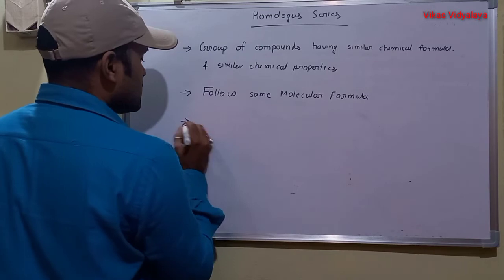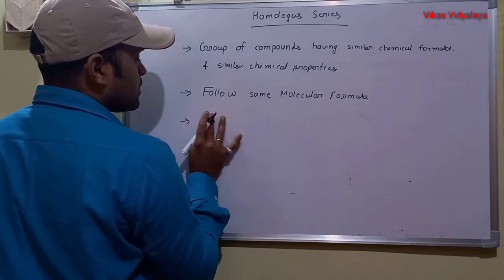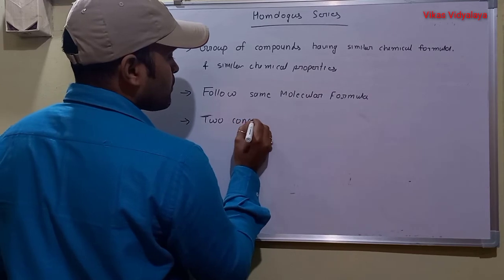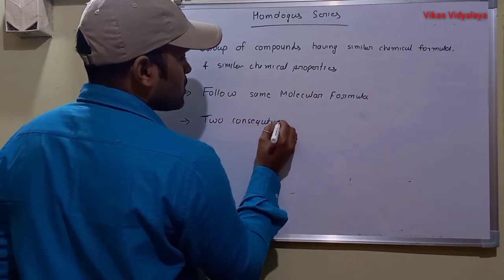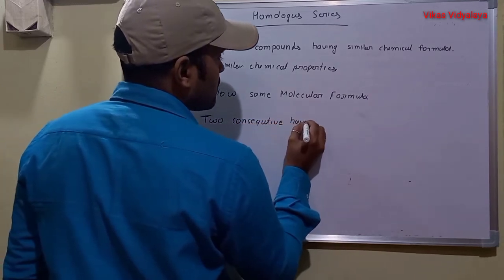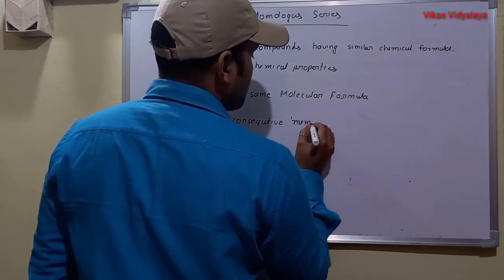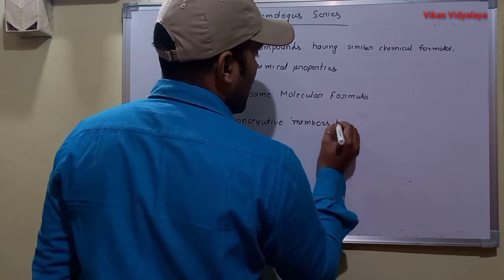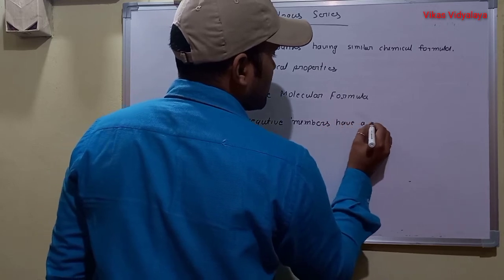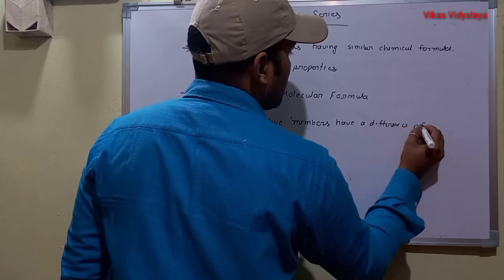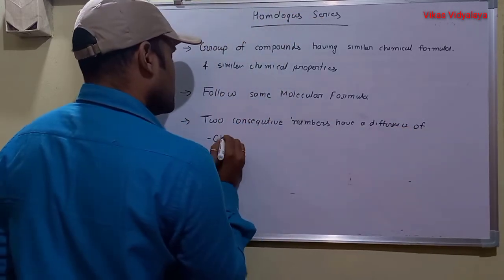Next, two consecutive members have a difference of CH2.